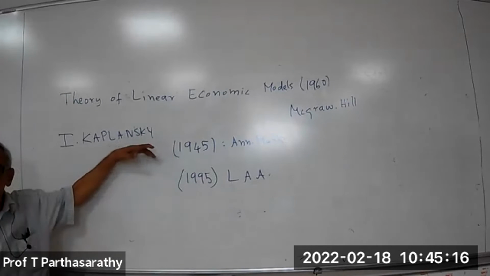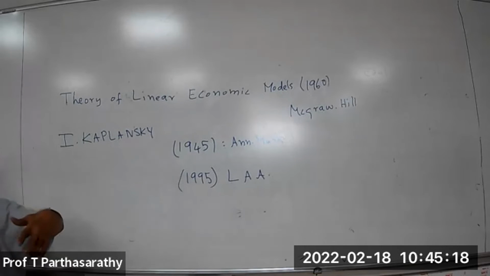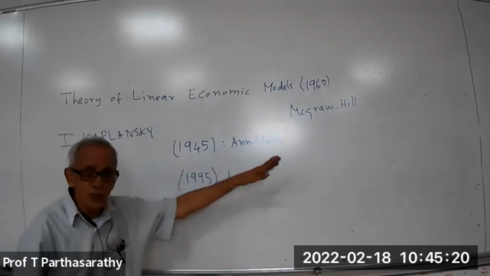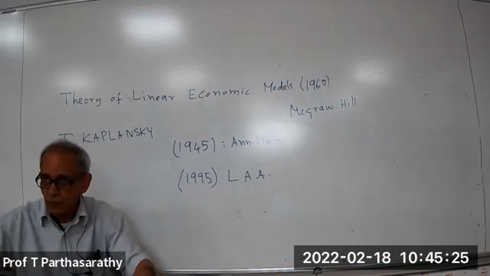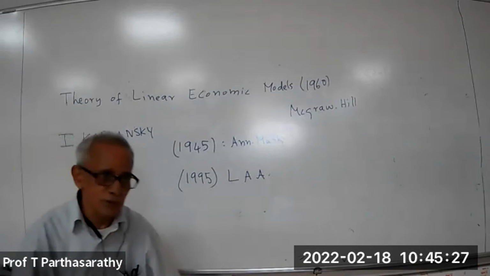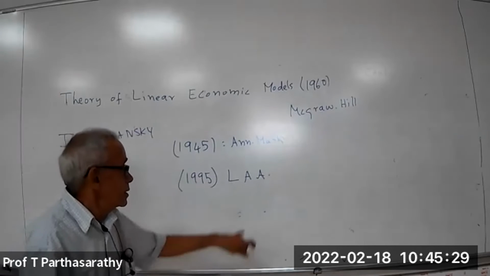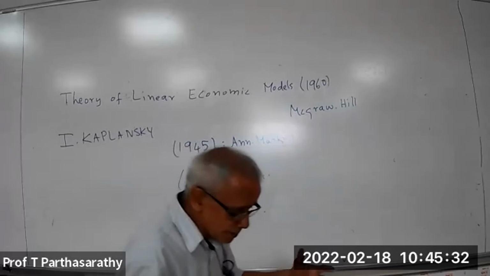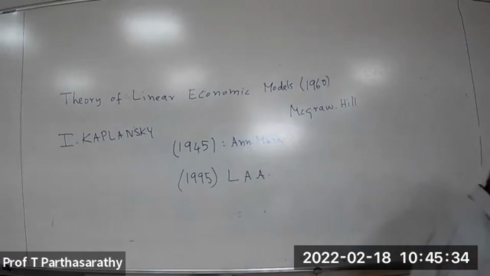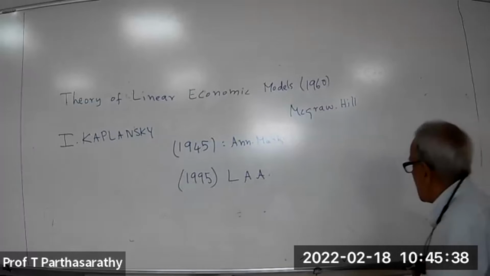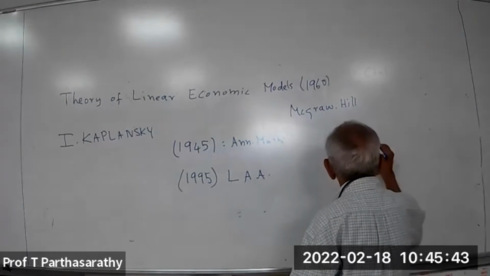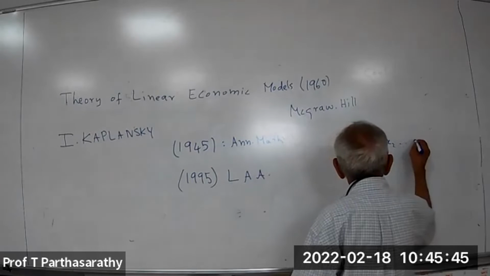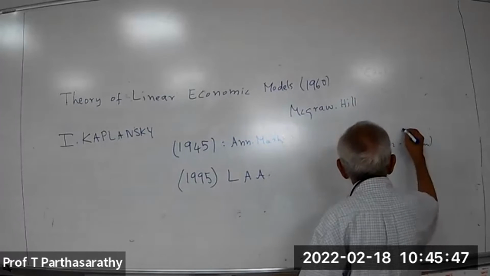Here, he gives a description of a class of matrices. The title of the paper is A Contribution to Minimax Theorem, parts 1 and 2. He describes a matrix game in which every optimal strategy is completely mixed. Let me say what I mean by that. Take a probability vector x = (x1, x2, ..., xm).